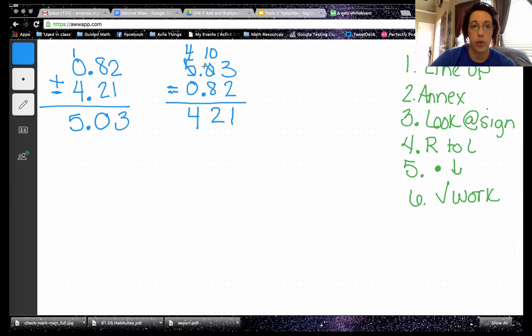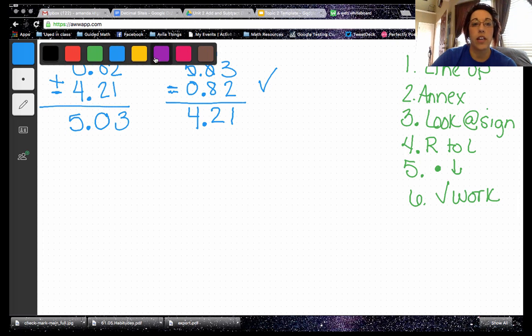Step 5, we bring the decimal down, and we've just checked our work. So 5 and 3/100 subtract 82/100 is 4 and 21/100. This means our problem checks.